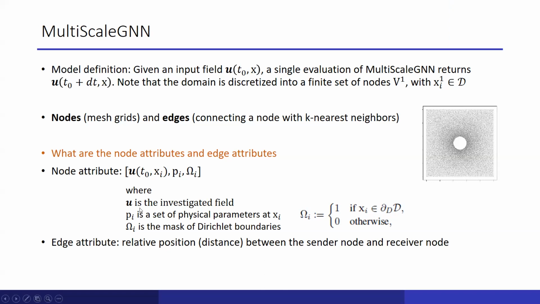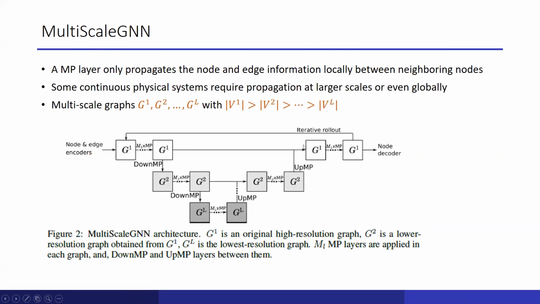All the xi's. Yes. But they have another technique to update the positions after the evaluation of the graph neural network. At this point, what makes it multiscale? Because I don't see anything multiscale coming up. It's in the next slide. Here.